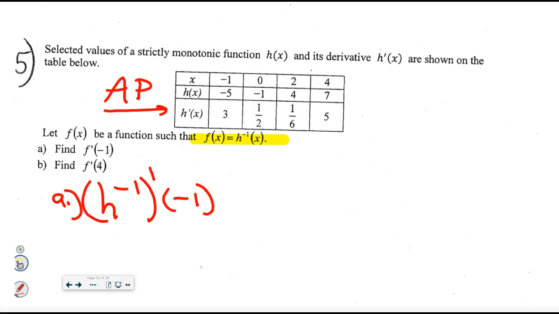Let's see if you guys can figure out how you do it with it. It's the same process though. You're still going to say -1 is the x value on h inverse. So -1 is the y value on h. Just different representation this time.